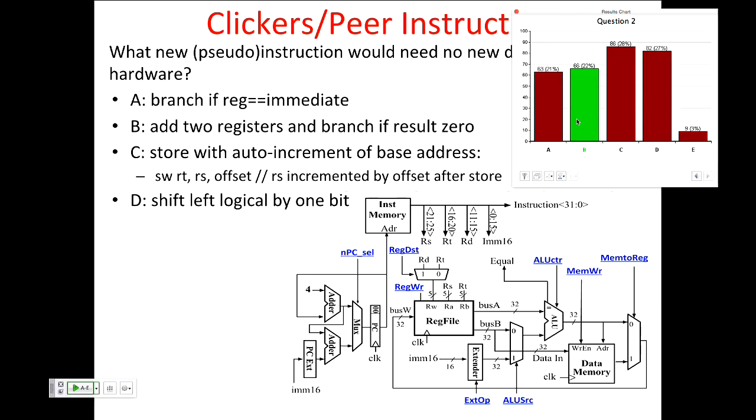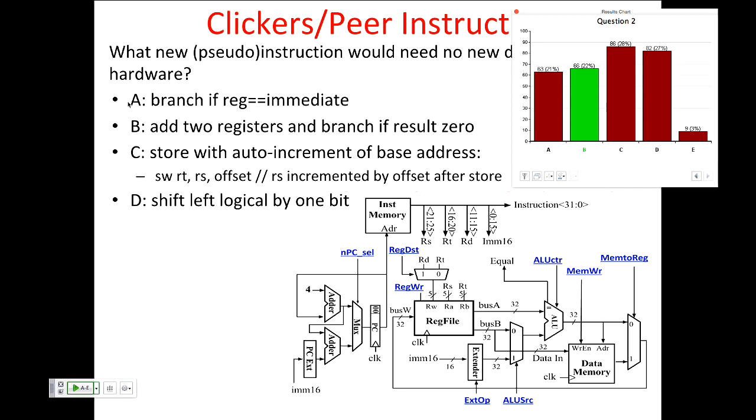If this immediate happens to be the same exact value as the instruction offset to which I want to branch, then this works. So in that very narrow case, if the amount I want to branch by is the same as the value I want to compare to, then A works. Otherwise, A does not work. So this one's a little tricky.